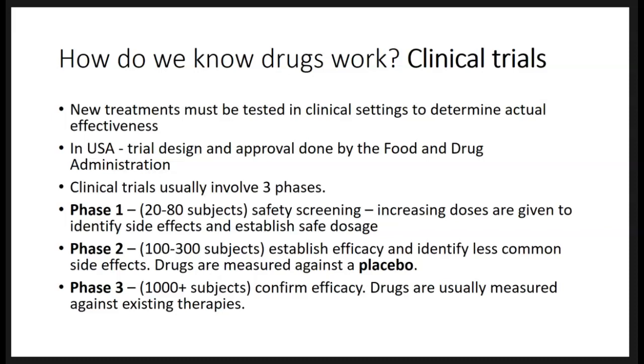And that means in order to bring a new drug to market, it has to offer some benefit compared to drugs that are already on the market. So this is a very high standard, and each one of these phases determines whether or not the drug is safe and whether or not it's actually worthwhile for people to be given the drug in a clinical setting.